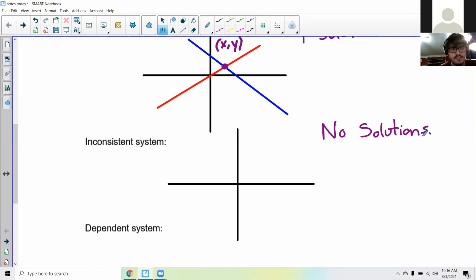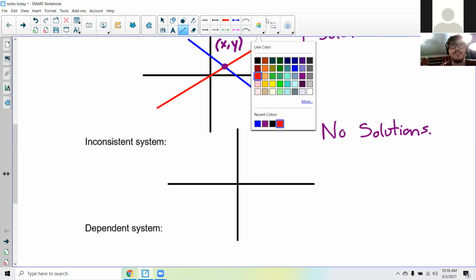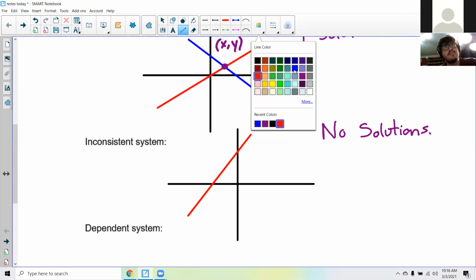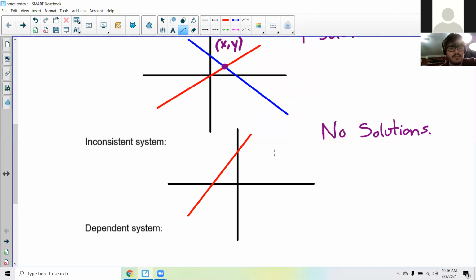Can anyone think of a situation in which there would be no solutions to a system with 2 equations? Parallel lines. If I'm trying to find the point of intersection and there is no intersection, I can't find it. That happens when the lines are parallel, and that just means they're parallel, those 2 little arrows.